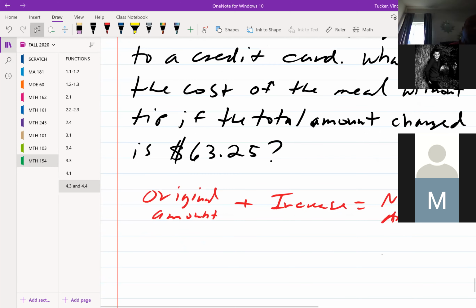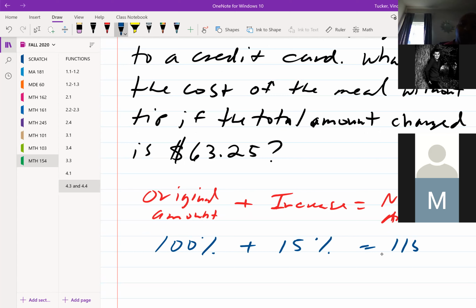So percentage-wise, your original amount was 100%, and then your increase is 15% of that original amount. So altogether, that new amount is 115% of that original amount.